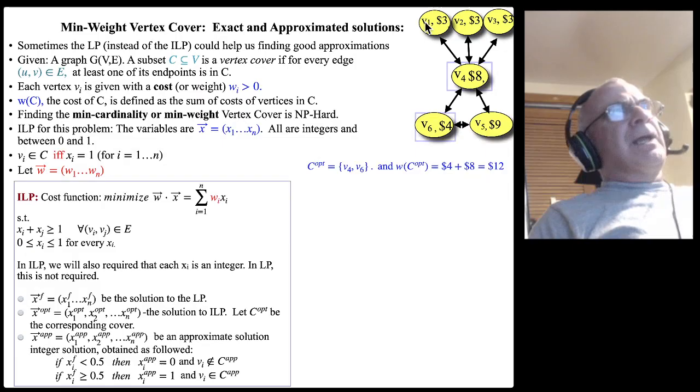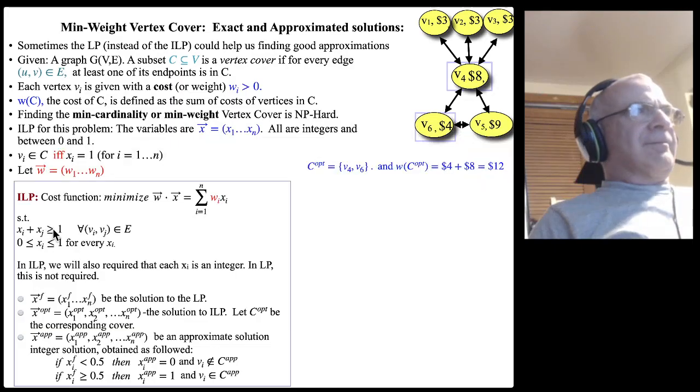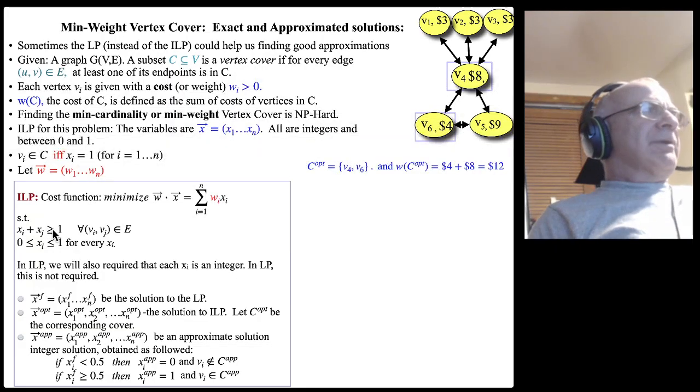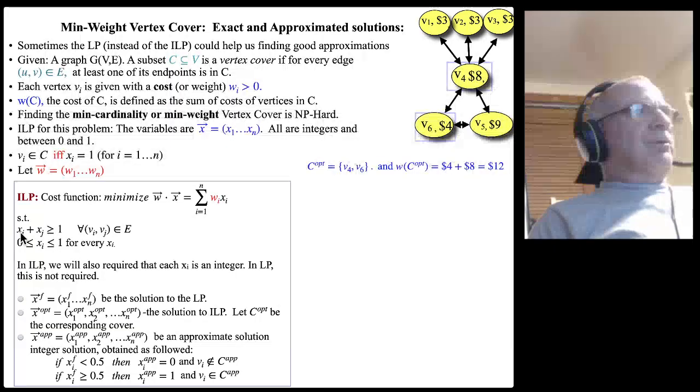That is, either x1 is in the cover, or x4 is in the cover, or both are in the cover, even better. However, I will not accept any solutions for which both xi and xj are 0, because then the edge vi, vj is not covered. None of its endpoints is in the cover.